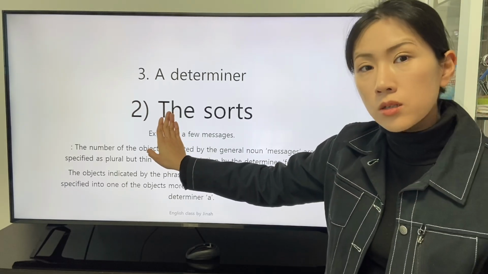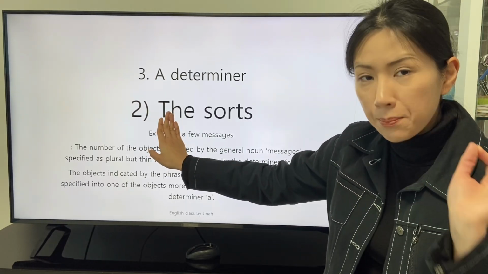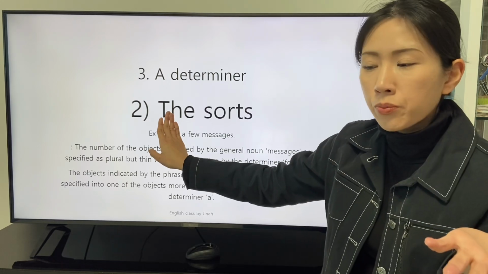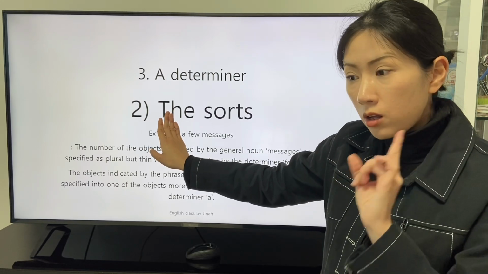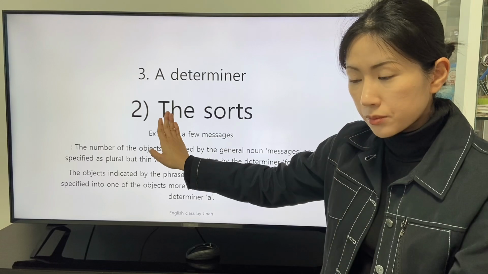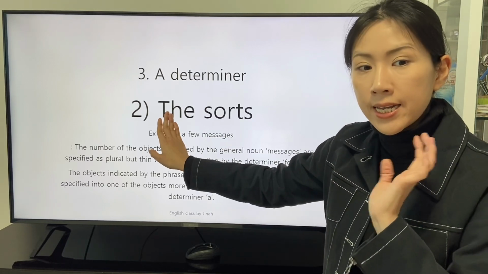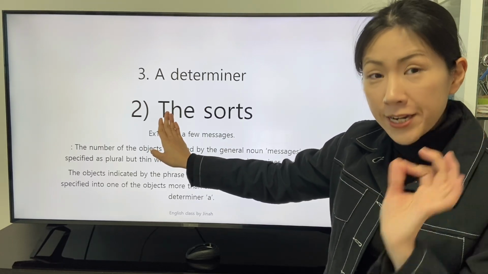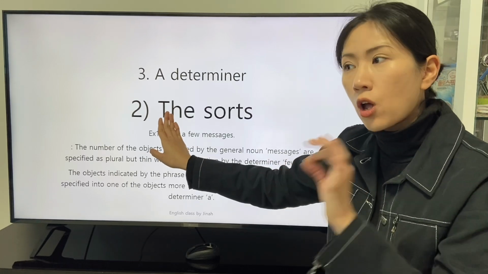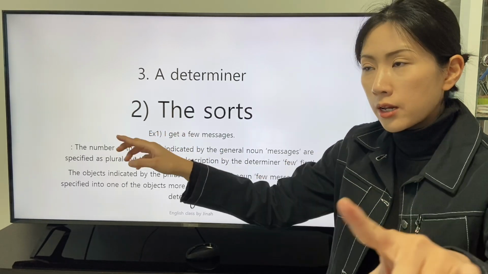What if we consider the impact of all? The existence of determiner all means that the object indicated by the phrase of the noun few messages are plural as a group.